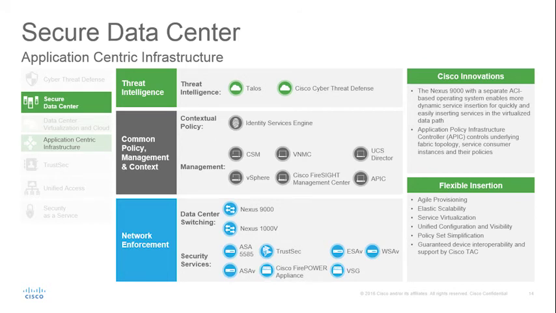The Cisco Nexus 9000, along with the Application Policy Infrastructure Controller, empowers the data center infrastructure to flexibly insert security services for easy scaling. Every device is just one hop away with microsecond latency and no availability constraints on power or ports.